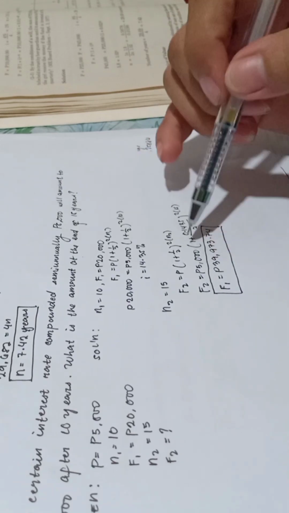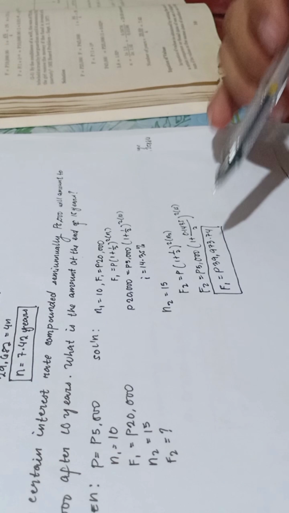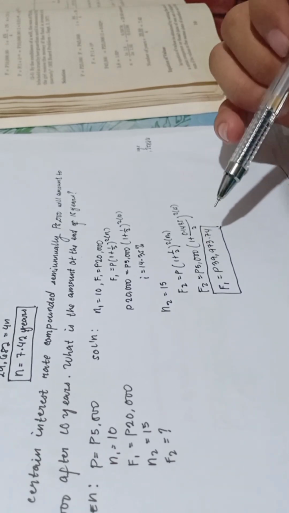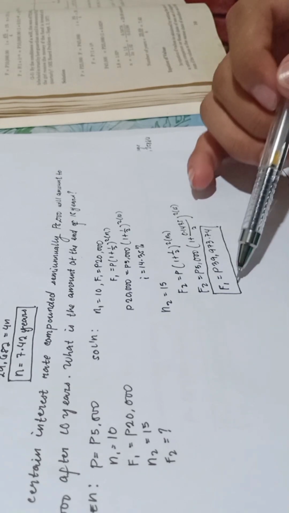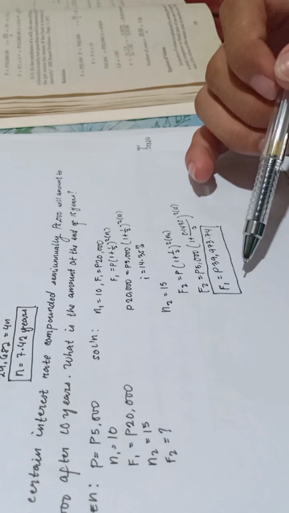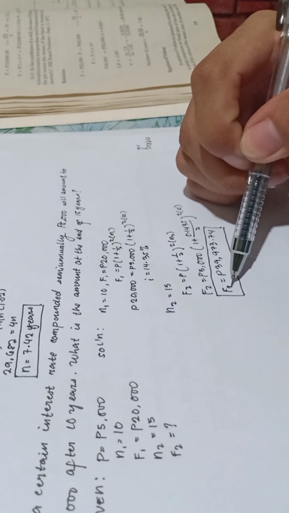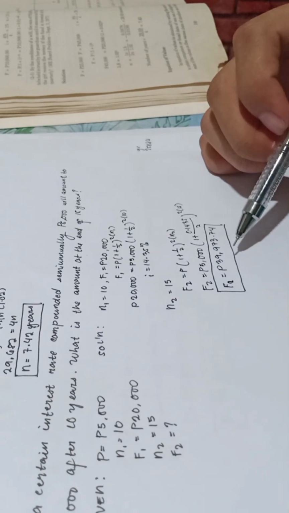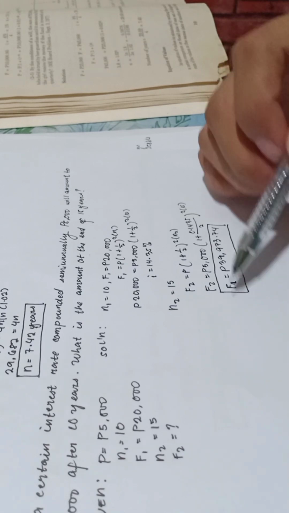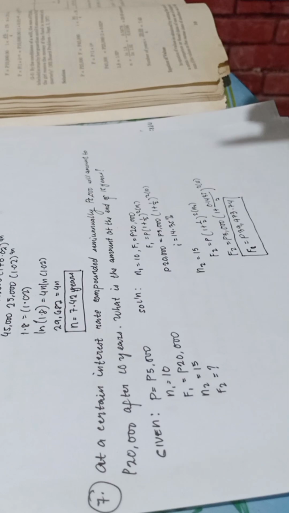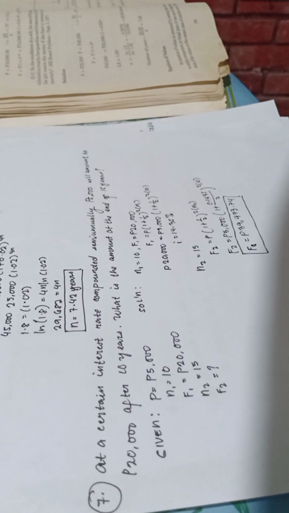So calculate this one using the calculator, and the final answer is this one. Our F2 is 39,973.74 pesos. So that's the final answer for problem number 7.